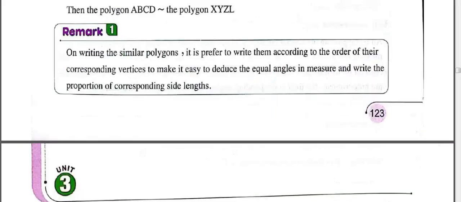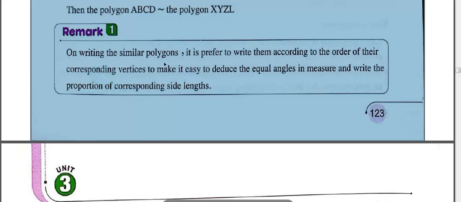Remark 1. On writing similar polygons, it is preferred to write them according to the order of their corresponding vertices, to make it easy to discern the corresponding side lengths.